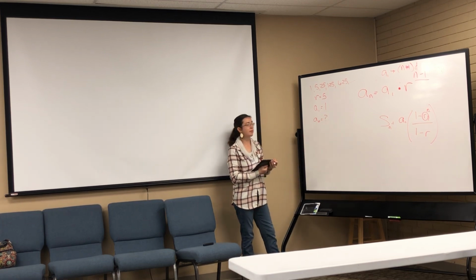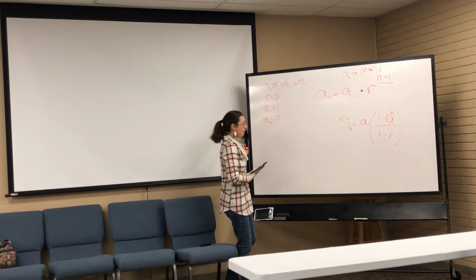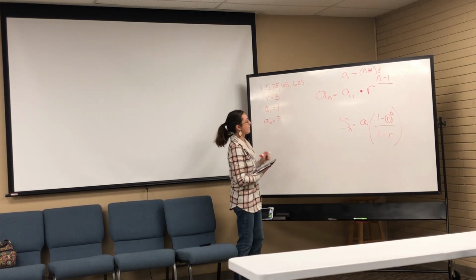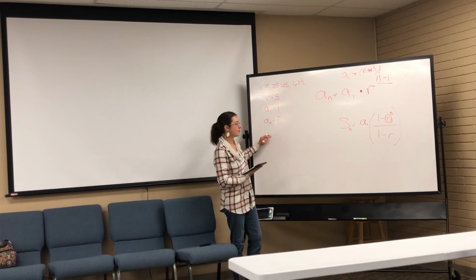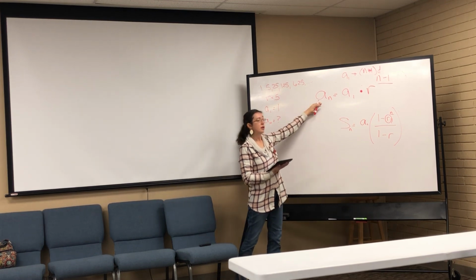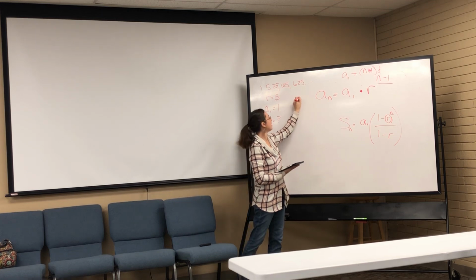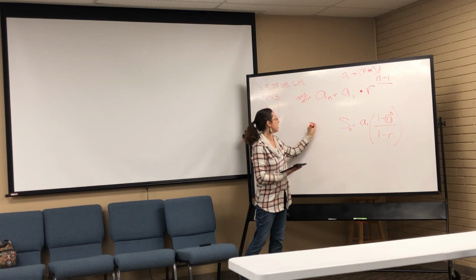What would I use to find my 10th term? What on the board helps us? Do we see anything up here that will help us find our 10th term? Do we need our equation to find any term? Because this is our any term equation, and this is our sum.